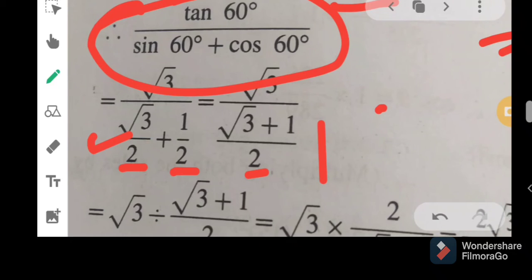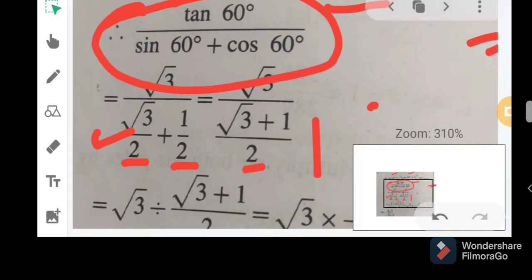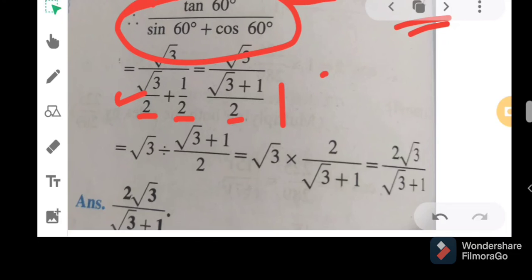When we take it in multiplication, it becomes inverse. So root 3 into 2 upon root 3 plus 1. That is 2 root 3 upon root 3 plus 1, and this is our answer.